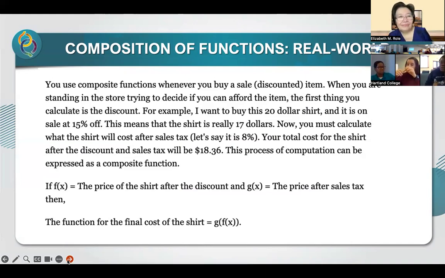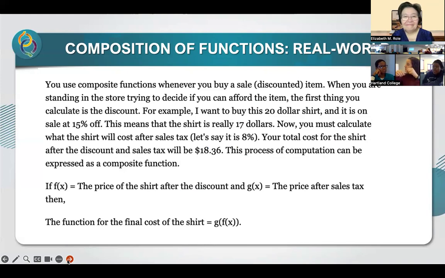You use composite functions whenever you buy a sale discounted item. When you are standing in the store trying to decide if you can afford the item, the first thing you calculate is the discount. For example, I want to buy this $20 shirt and it is on sale at 15% off. This means that the shirt is really $17.